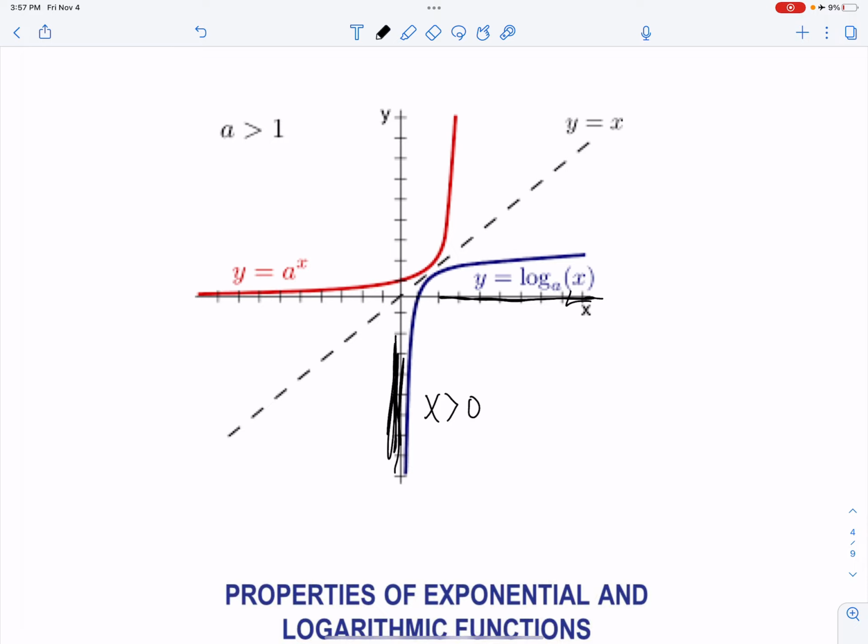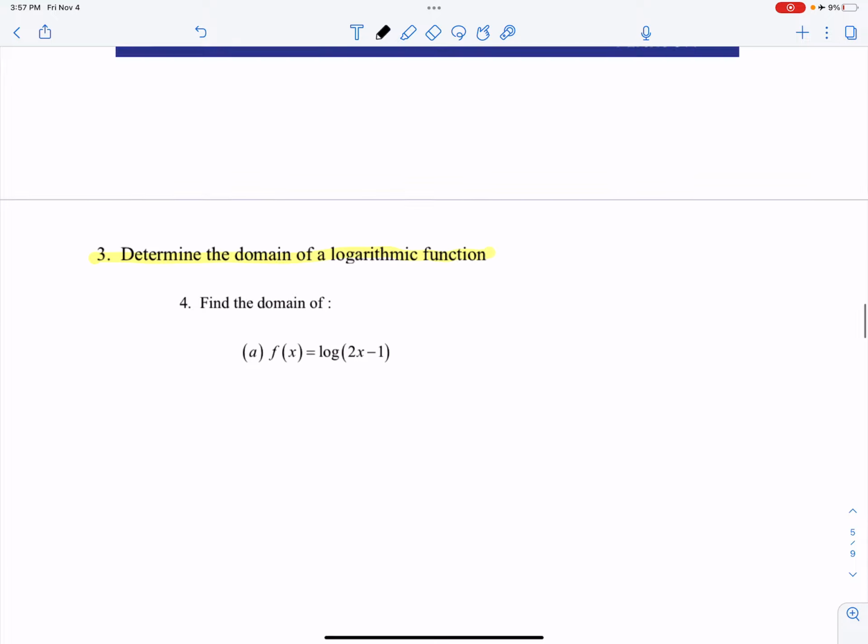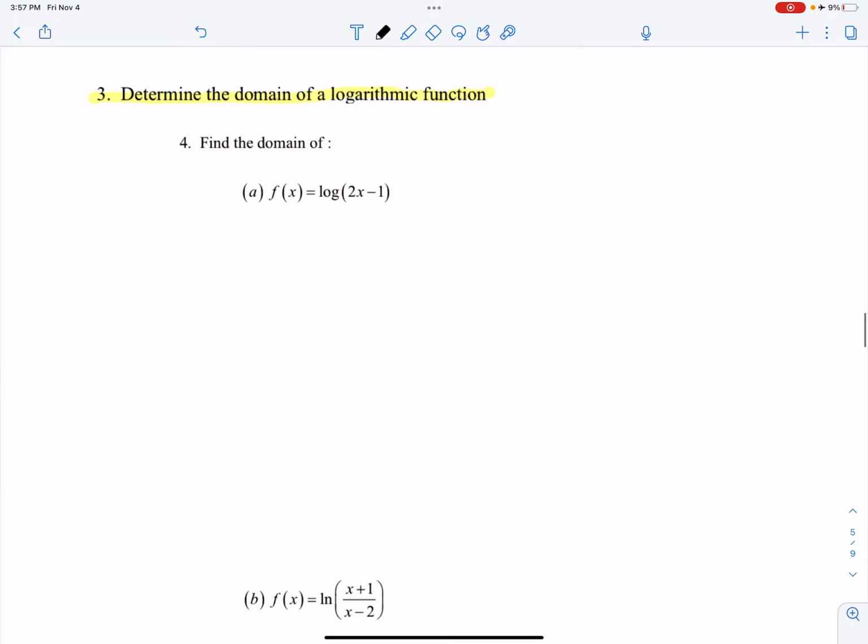So anything that's in the log is going to be greater than 0. That's what we're going to use here. This has to be greater than 0 because our log function hits that vertical asymptote. So 2x minus 1 must be greater than 0. Well, let's just solve for x now.